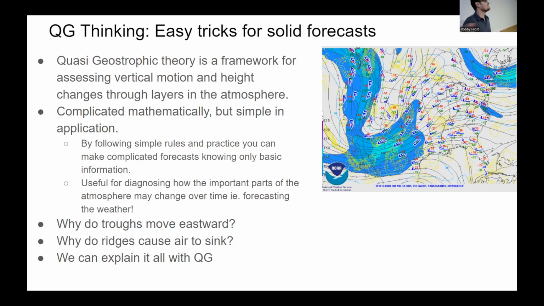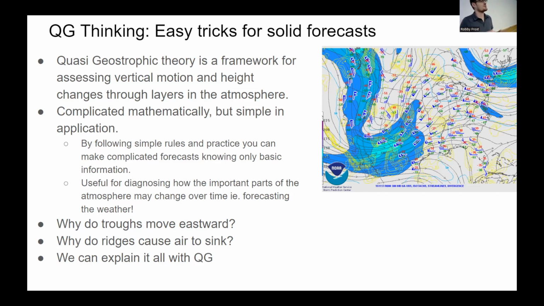Because from this really simple framework, you can actually learn a lot about the atmosphere and predict a lot with some really simple rules. So, like I said, it's complicated mathematically, but we'll break it down and we're just going to do some scale analysis type things that'll show you which term is positive, which term is negative, and how that all fits together.